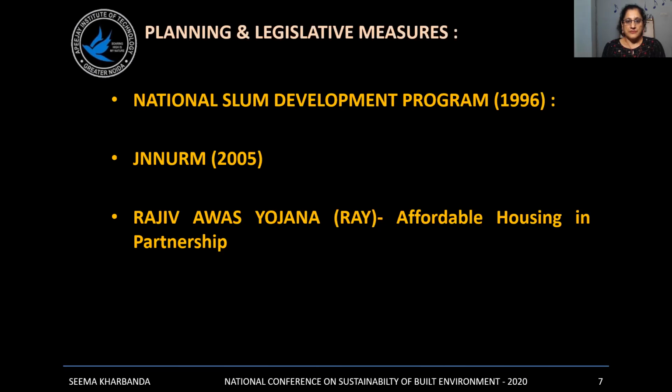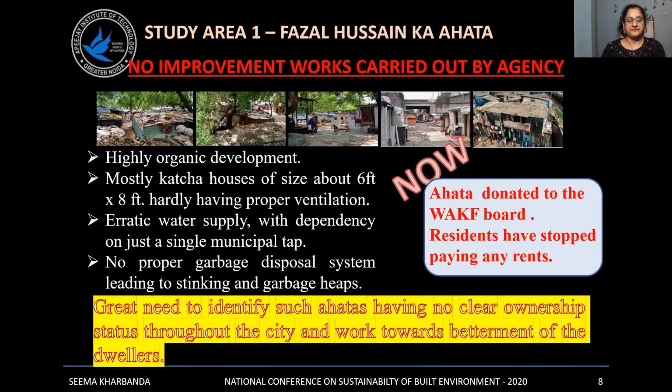This was just basic minimum development for the slums. Then we came to the Jawaharlal Nehru National Urban Renewal Mission in 2005 and the Rajiv Awas Yojana, wherein there was affordable housing in partnership for the dwellers.